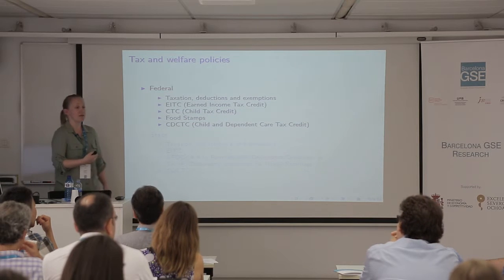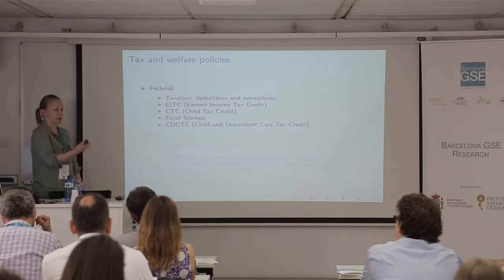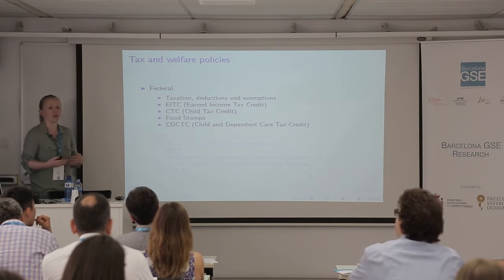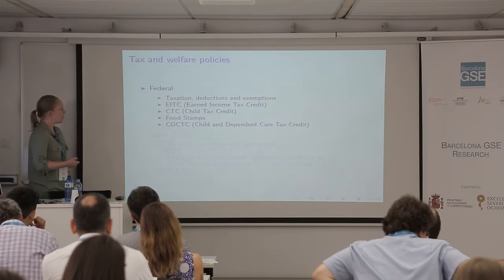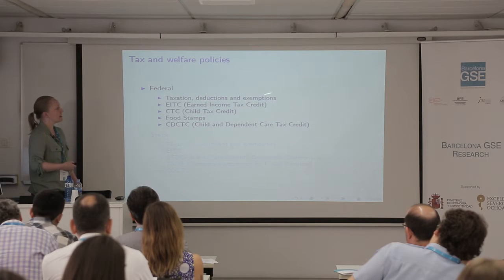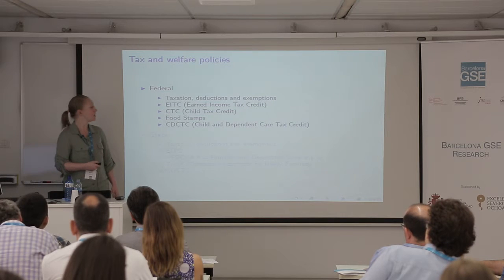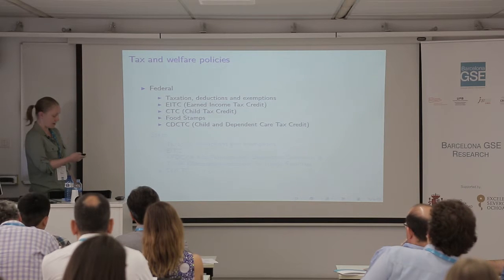Okay, so the tax and welfare programs I'm going to be including, I'll just go through this quickly. The US tax and welfare system is quite piecemeal and complicated. At the federal level, we have taxation, deductions and exemptions, the earned income tax credit, the child tax credit, food stamps, and the child and dependent care tax credit.